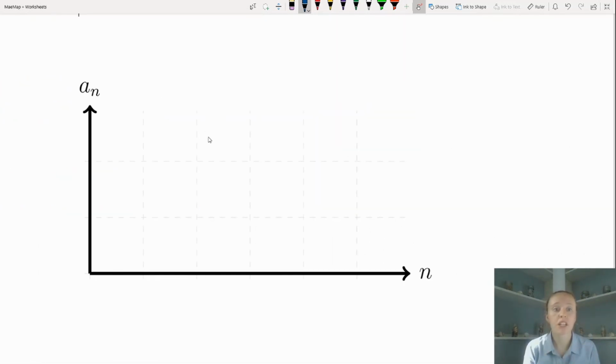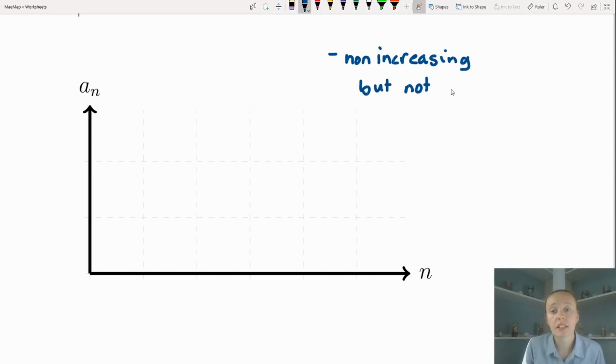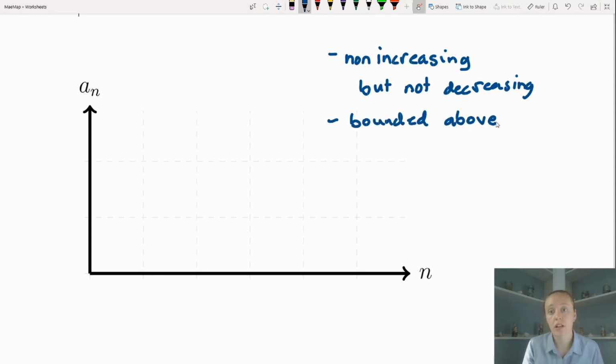Now for this last picture, I just have a graph that's drawn. So I'm going to label a few things on the side and we're going to make it happen. I want something to be, let's say, non-increasing, but not necessarily decreasing, and bounded above.